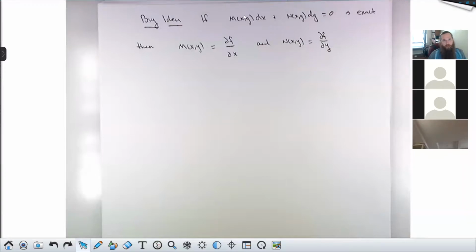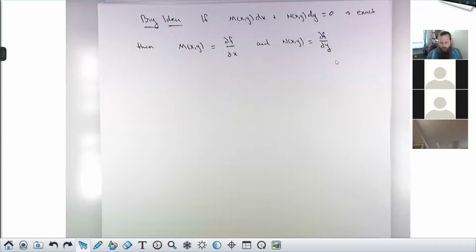So if your differential equation is exact, then each of these coefficient functions is the first partial derivative of your solution function with respect to one or the other variable. So I should be able to recover the function f by integrating this with respect to x and by integrating this with respect to y, doing a partial integral, really just integrating with respect to the one variable.